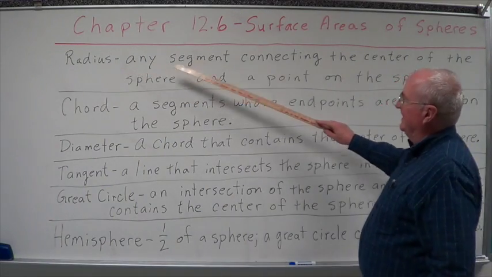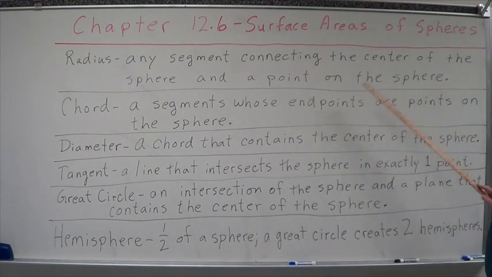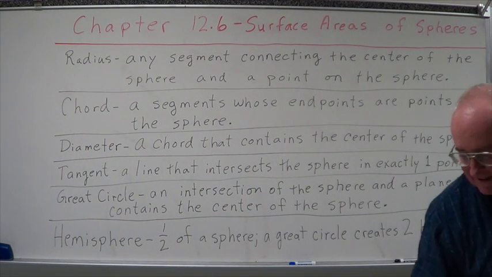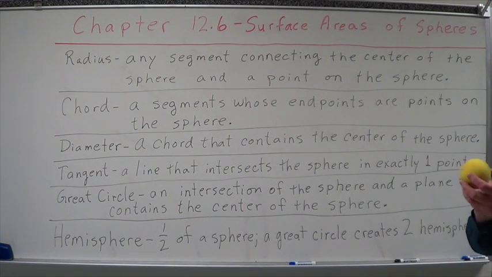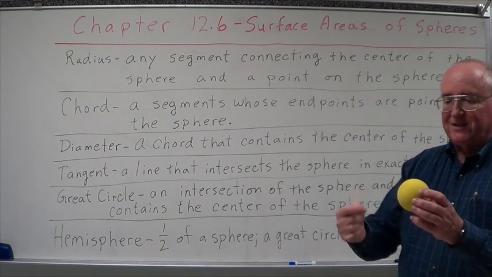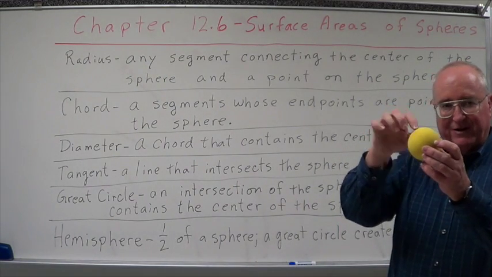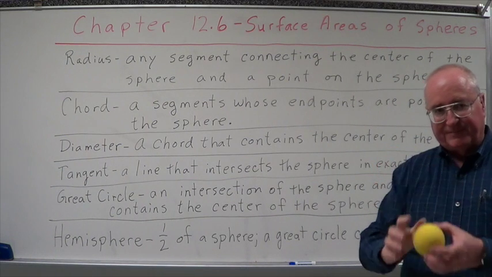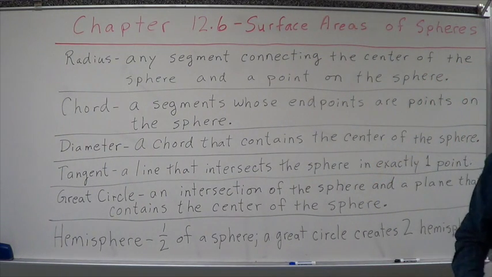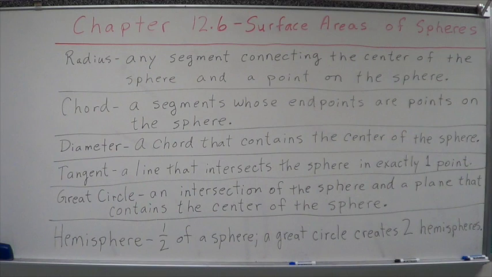Radius of a sphere: any segment connecting the center of the sphere and a point on the sphere. So that simply means if we could go in here and get the center of that sphere and connect that center to any point on the sphere, that would be the radius. Just like the radius of a circle is the line segment that connects the center of the circle with any point on the circle.